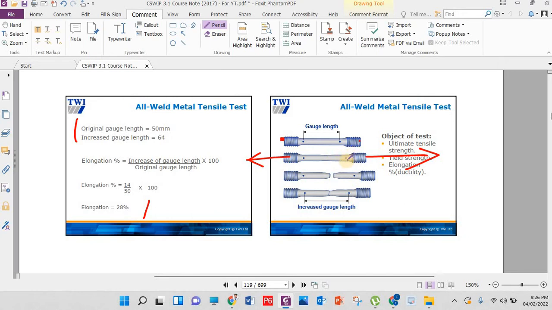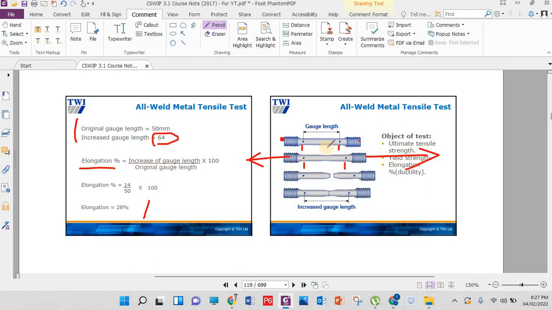So the increment in the length, we have to calculate. This increment is known as elongation. You can see here, first it was this distance, then it became this distance. In the paper he will give you the original length of the specimen is 50 millimeter, the increased length became 64 millimeter, calculate the elongation.